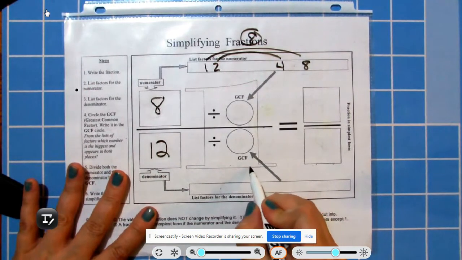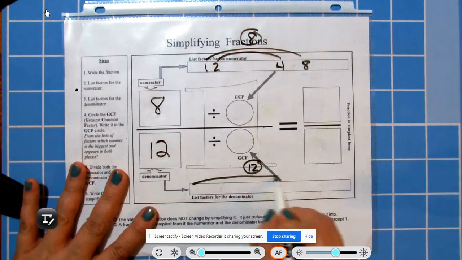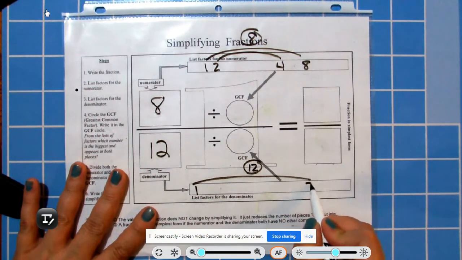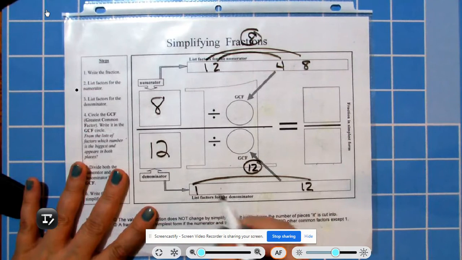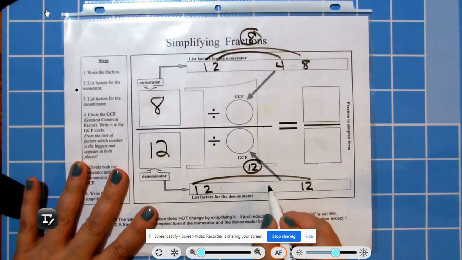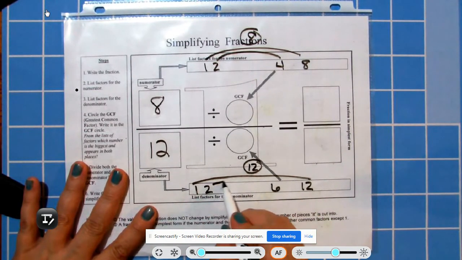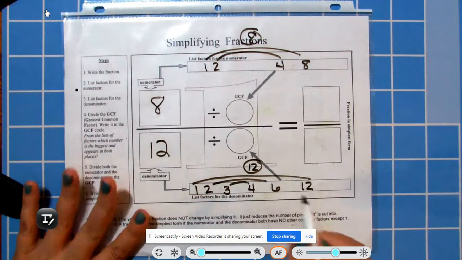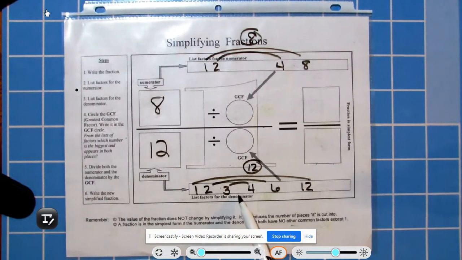All right, for 12, 1 times 12. 2 is going to work because 12 is even, so 2 times 6. Will 3 work? 3 times 4. And we're finished. There are no whole numbers left between 3 and 4.